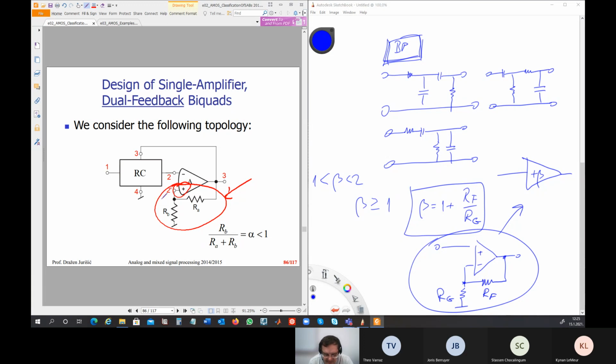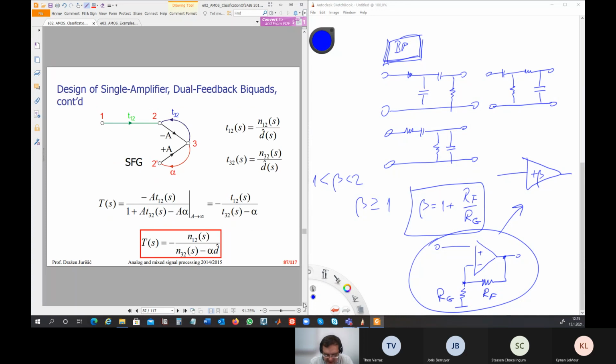Okay, so if we consider this then we can also make new analysis. So signal flow graph will have another feedback. So this was our normal till now, and this is new. And then we can say that transfer function can be obtained in this form.